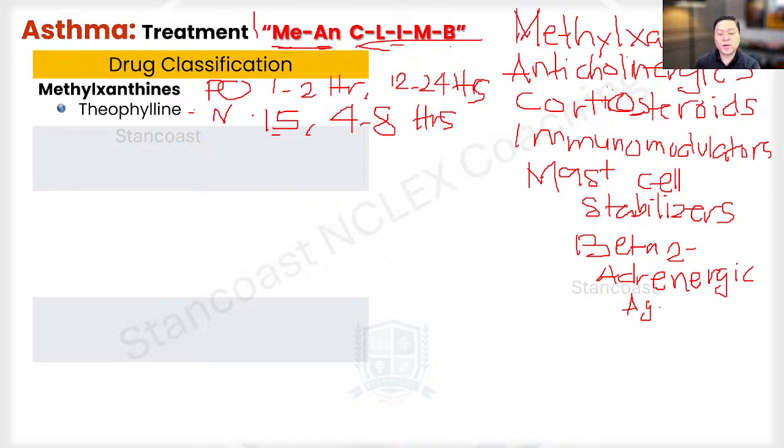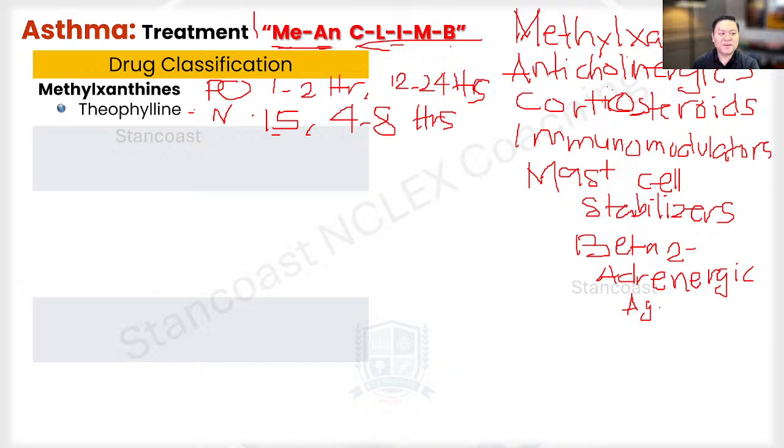However, the duration of action will be longer compared to an IV. The IV will have a much shorter duration of action because it can get easily excreted by the body, especially the kidneys, or it could be the GI tract. So remember those onset and duration.